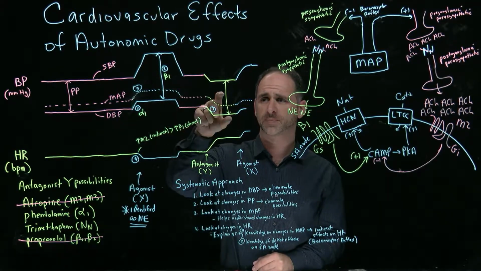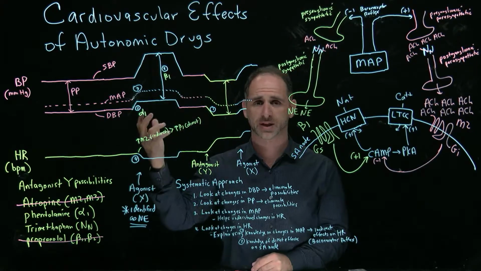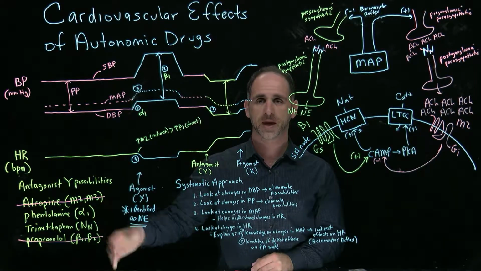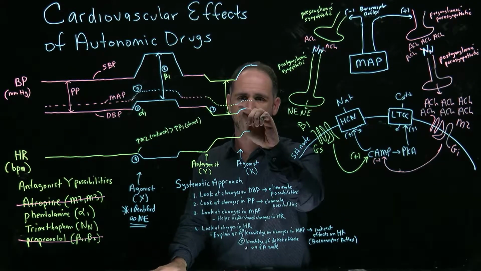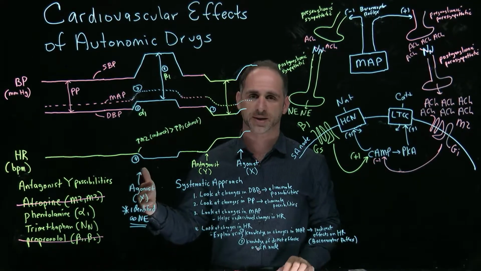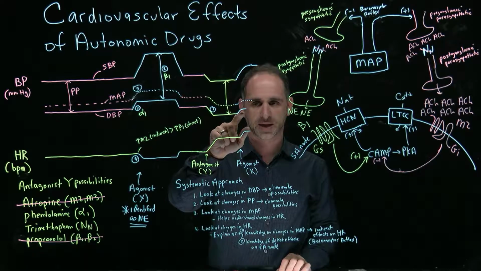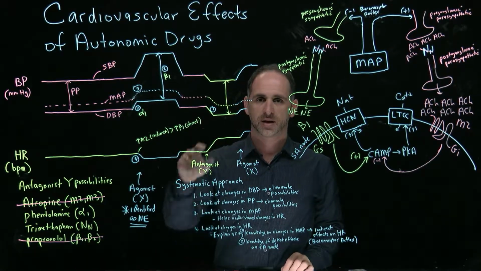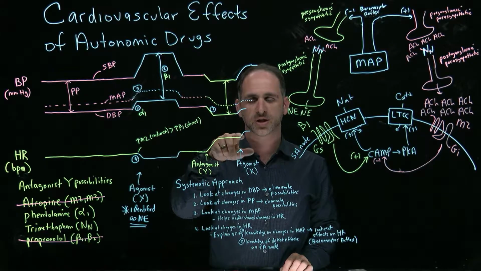Now, let's take a look at the pulse pressure. The pulse pressure goes up. Well, that's expected. The beta-1 receptors are not blocked by phentolamine. Okay. The mean arterial pressure goes up, but it doesn't go up as much, and that's expected because the diastolic blood pressure didn't go up as much. And look what happens to the heart rate. It actually goes up.